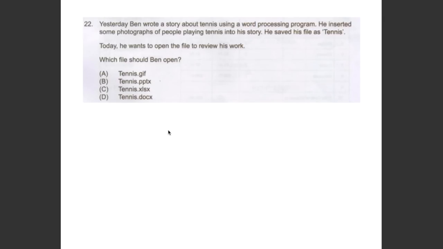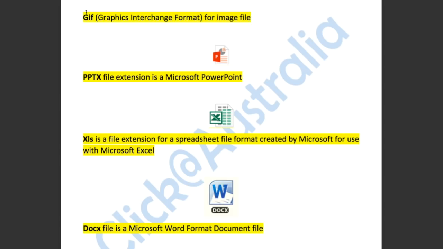This question asked us which file should Ben open if he saved some photographs yesterday of people playing tennis into his story. Let's move to the explanation. GIF, graphics interchange format, is for an image file. PPTX is a file extension in Microsoft PowerPoint.